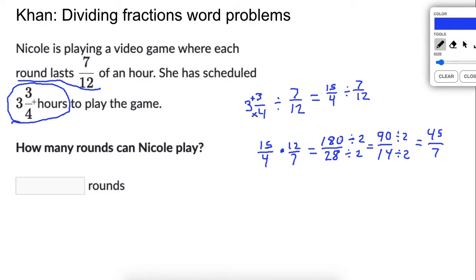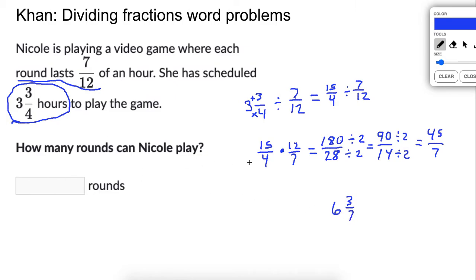But usually if it starts with a mixed number, we should end it with a mixed number, because 45/7 hours doesn't make much sense. So we want to convert that, and 7 goes into 45 6 times, which is 42. So we'd have 6 3/7 of an hour.